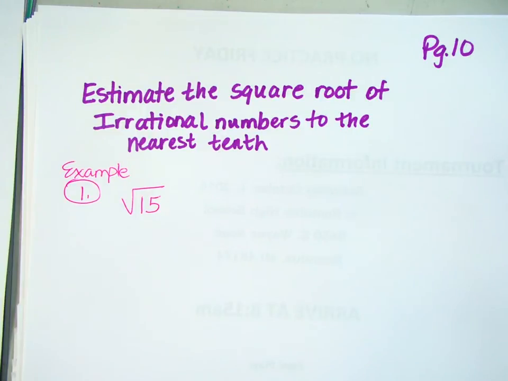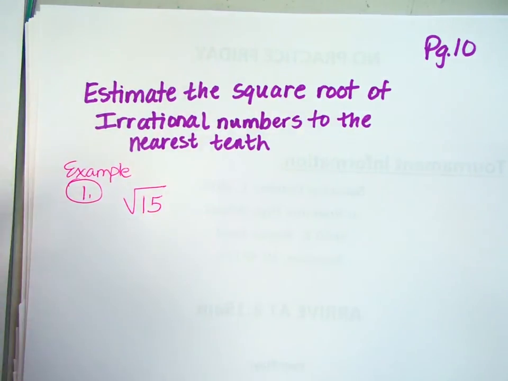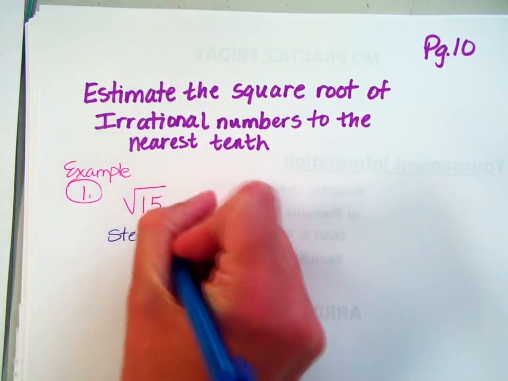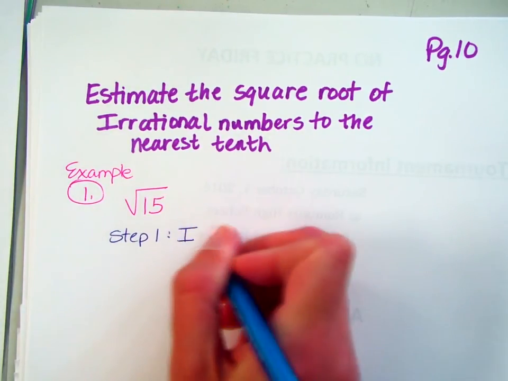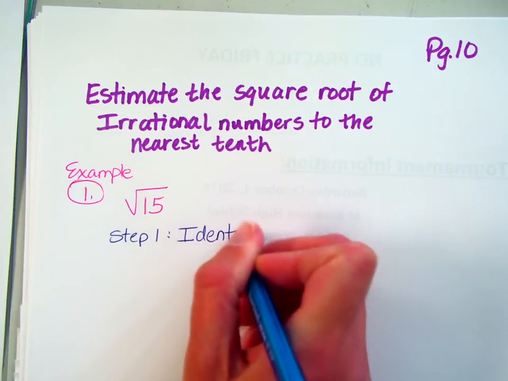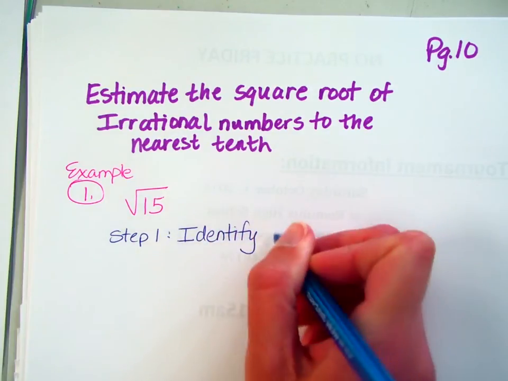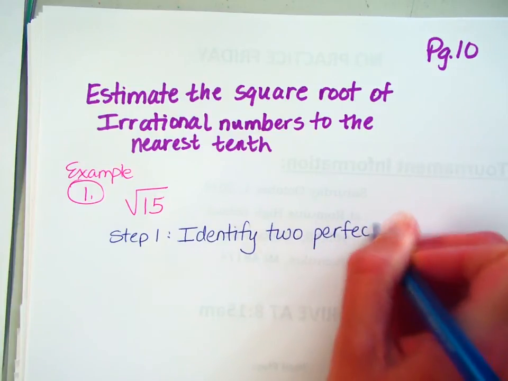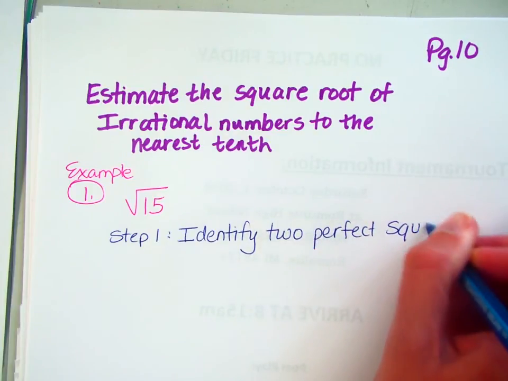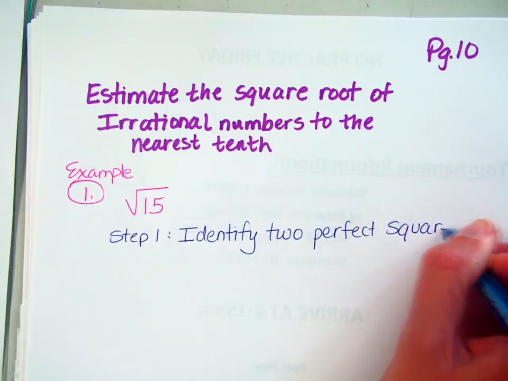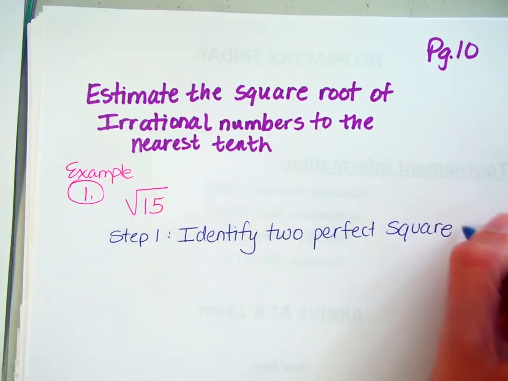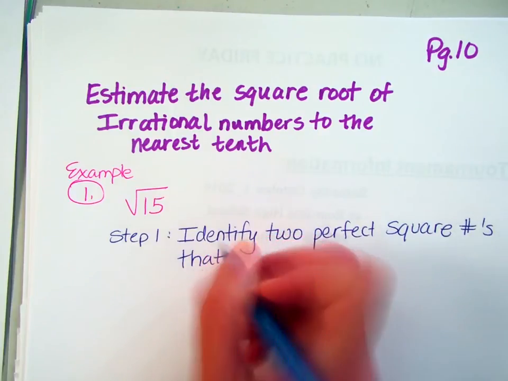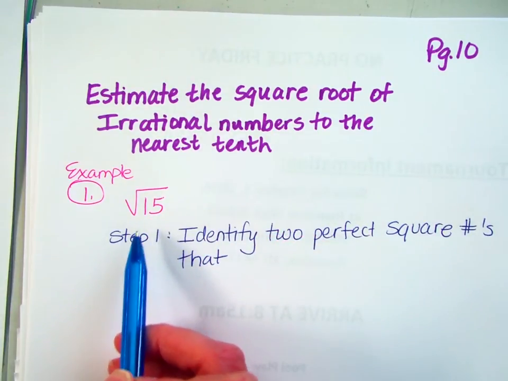All right, so step 1. We're going to identify two perfect square numbers that 15 is going to fall between.